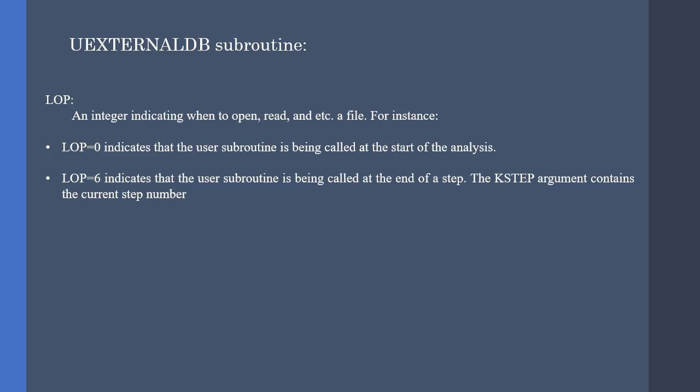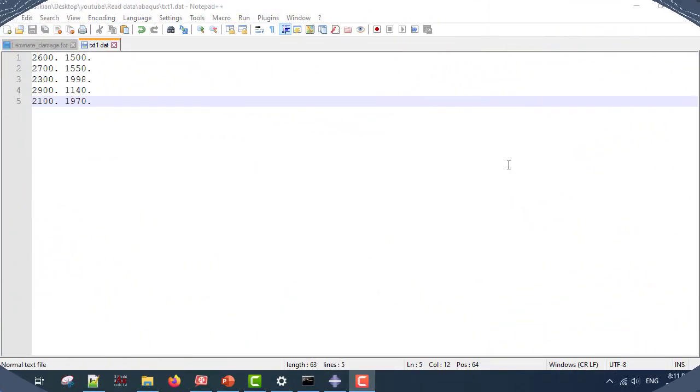Now I'm going to show how we can import data for that particular problem that I showed before. Continuing with the subroutine, first I will show my .dat file. Here I've supplied the strengths of my elements according to their coordinates.